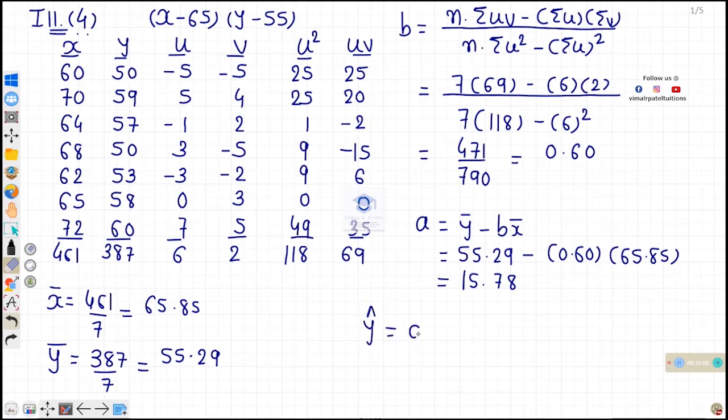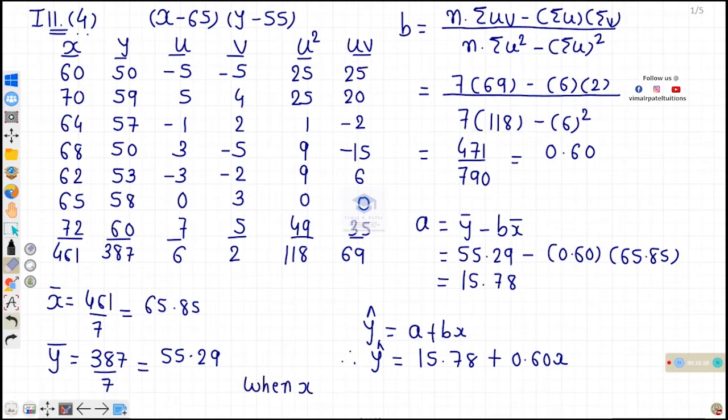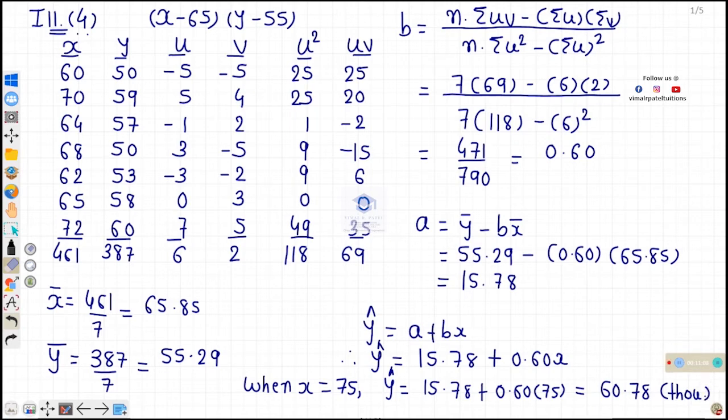Regression line. When x is equal to 75, estimated value of y. 60.77 or 78 rupees.